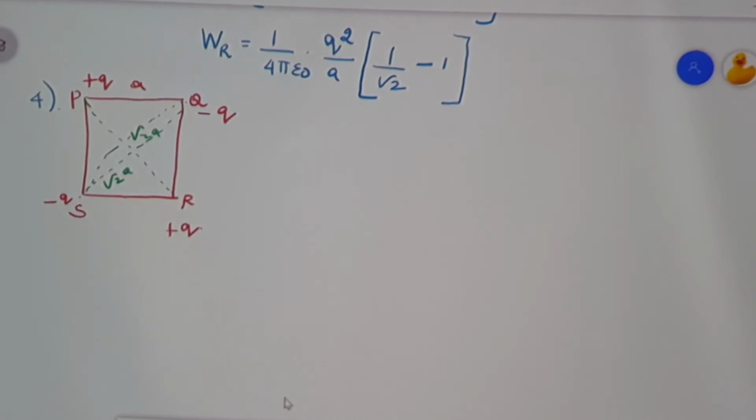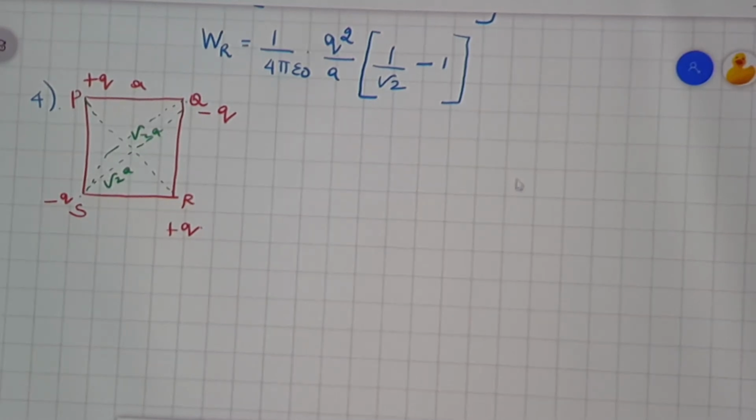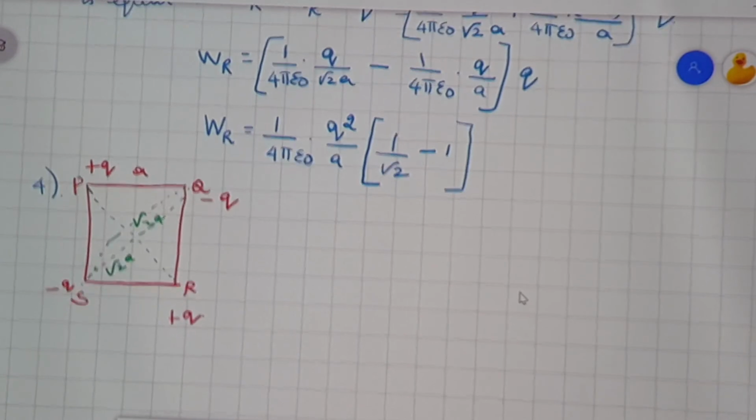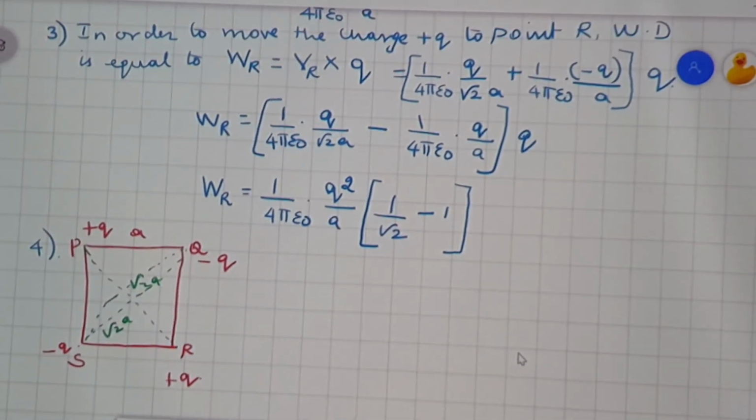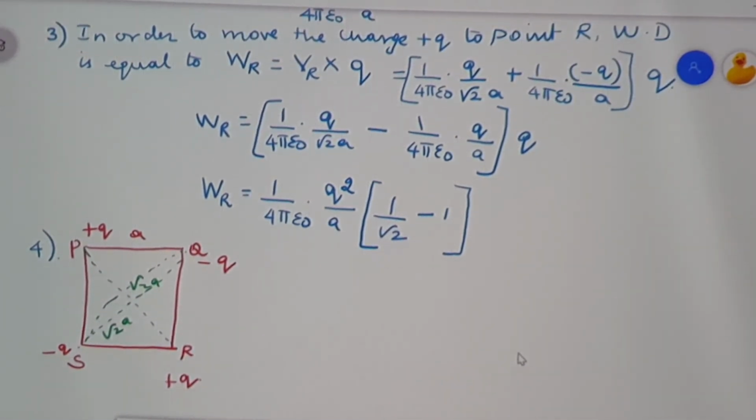Now, what is the fourth one? Similar concept you write here again. What is the similar concept? Here what you have written in the third one. In order to move the charge plus Q, here what you have to move?